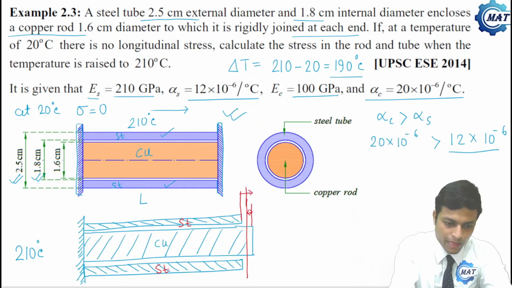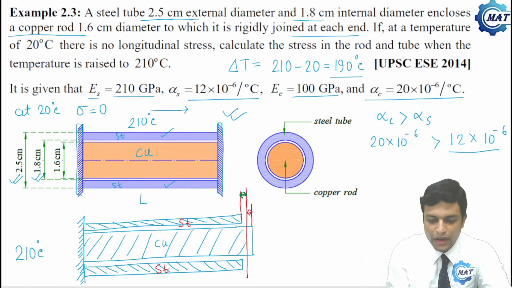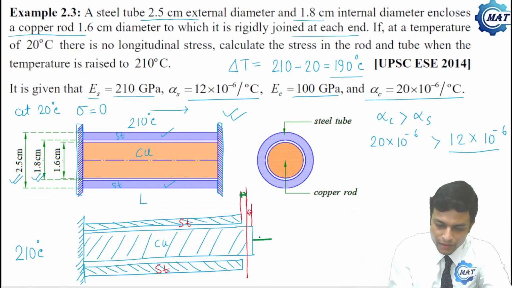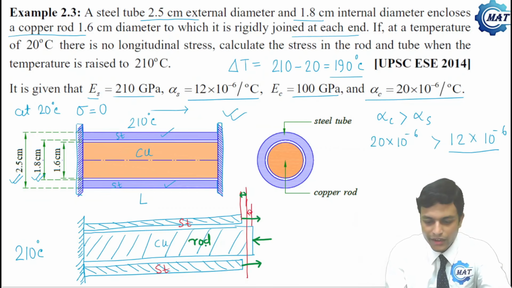So the copper rod will be compressed and the steel tube will be elongated. The force on the steel tube will be tension and on the copper rod will be compression.